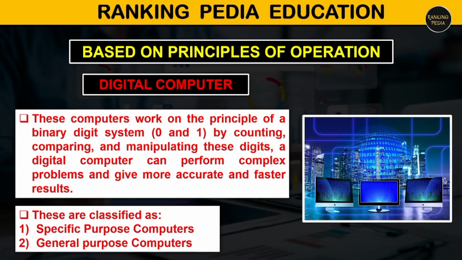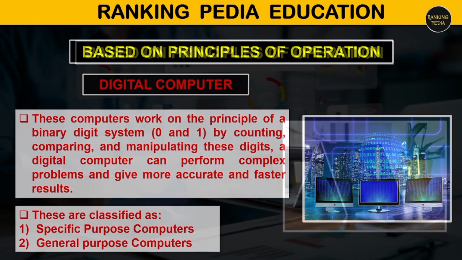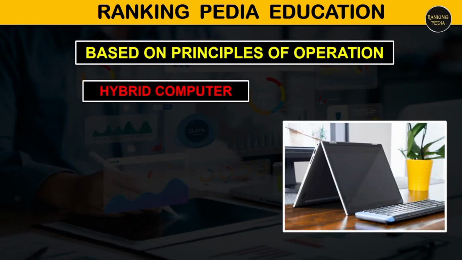They can store different programs and do different jobs according to the instructions specified on those computers. This is the function of a general purpose computer, whereas a specific purpose computer is used for a specific application only.